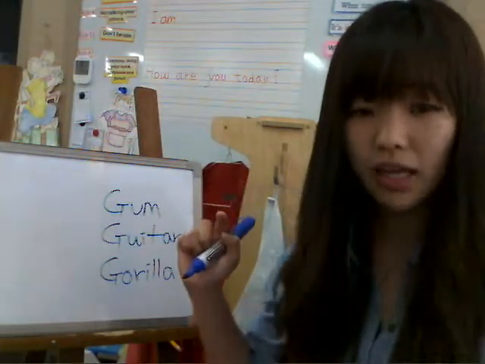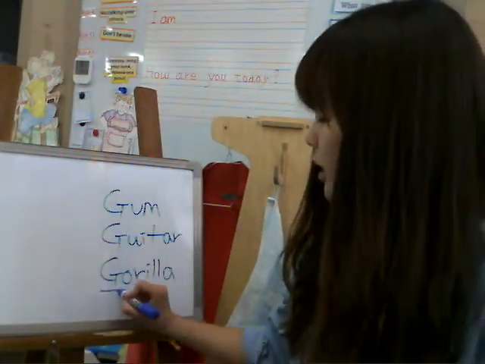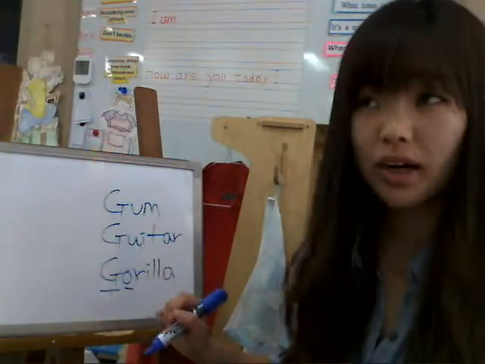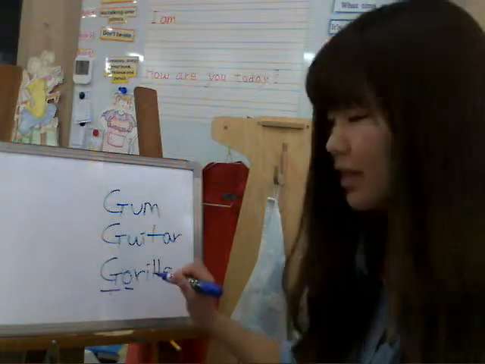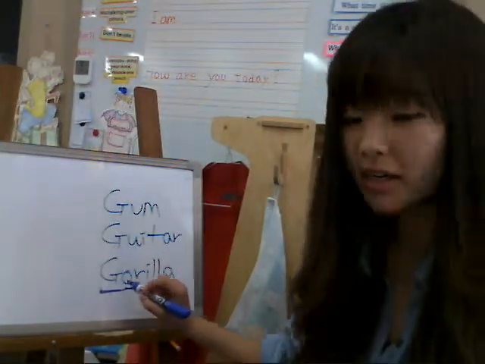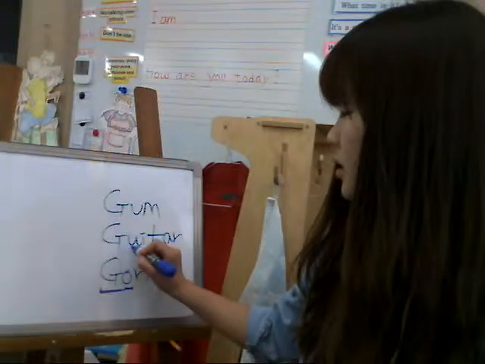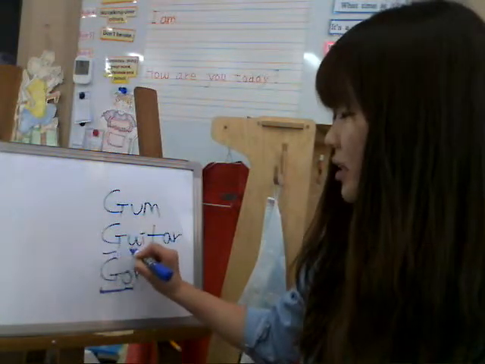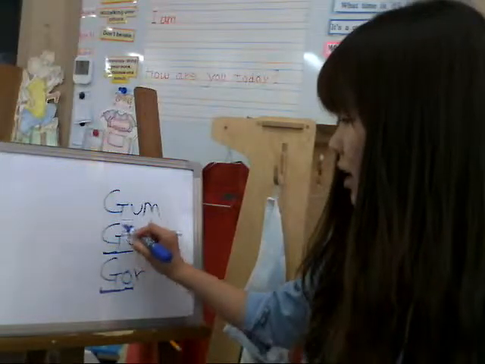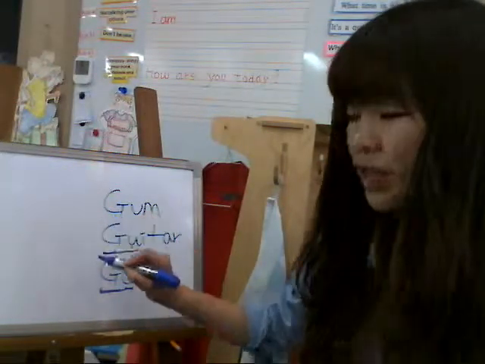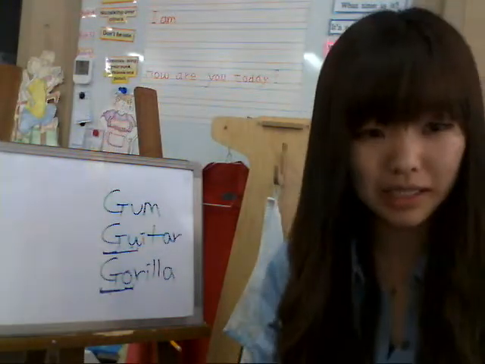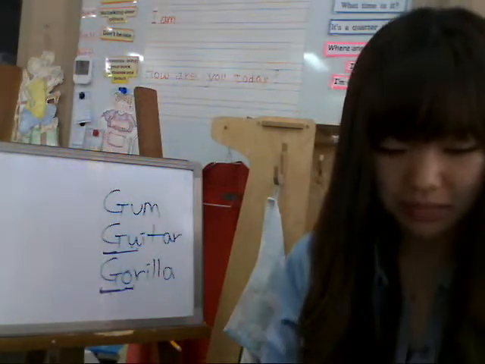G. So G sound with O, go, gorilla. Like the word go, same start. Number 2, guitar with G sound. Guitar. And number 3, gum. The Korean word gum, it's the same, right? Gum.